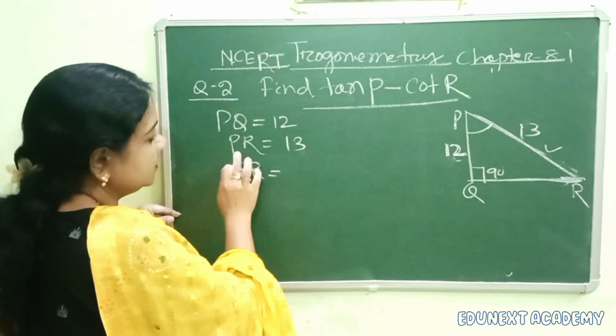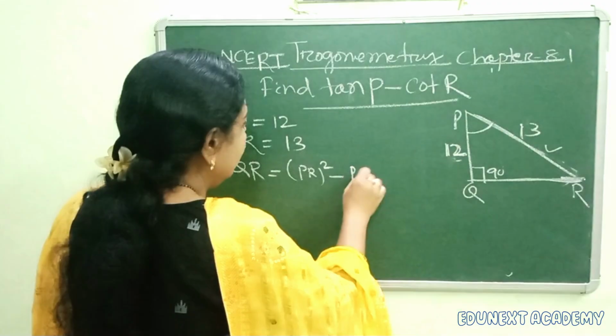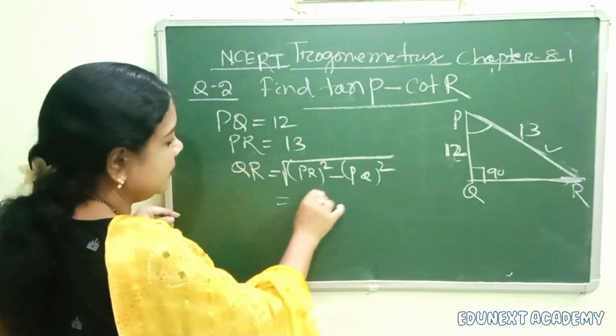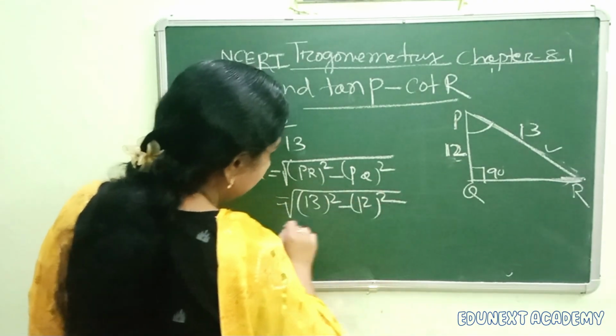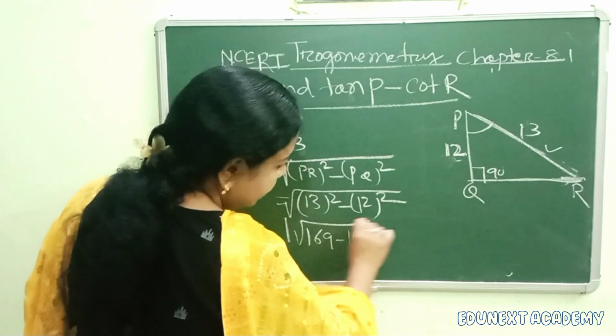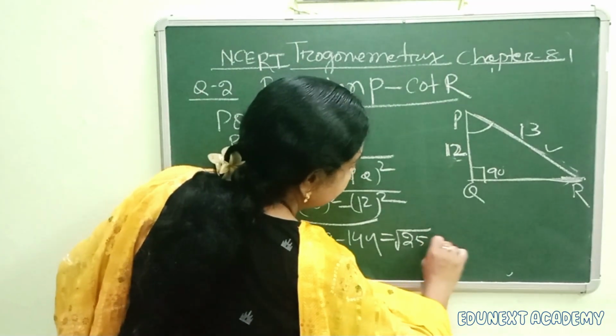Then what is QR? Now QR is equal to the square root of PR square minus PQ square, that is the square root of 13 square minus 12 square, the square root of 169 minus 144, the square root of 25, that is 5.